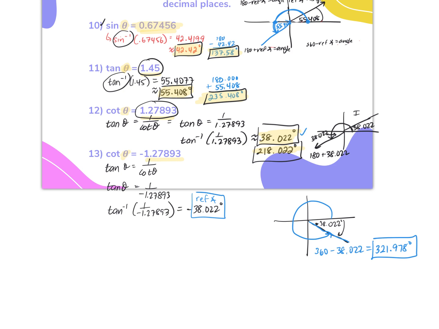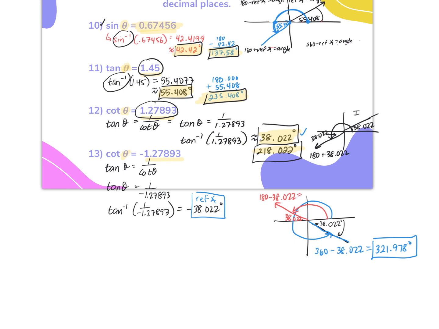And in quadrant 2, again, my reference angle is 38.022. So what is this angle, this red angle? Well, in this quadrant, remember, it's 180 minus the reference angle. So that's how I'm going to get the angle in the second quadrant.